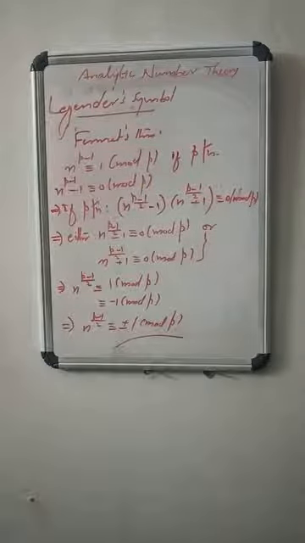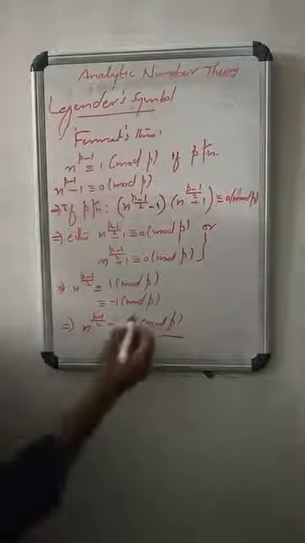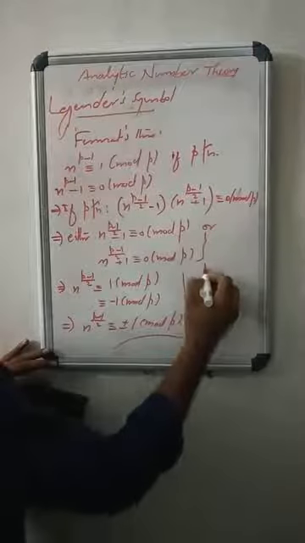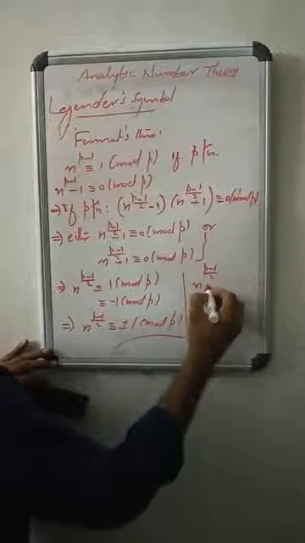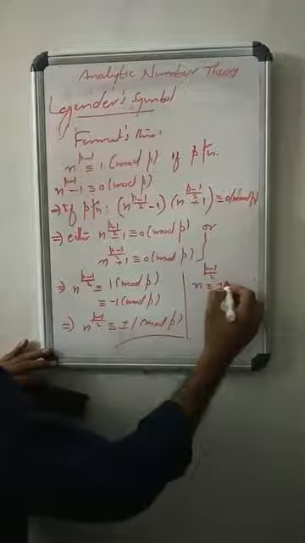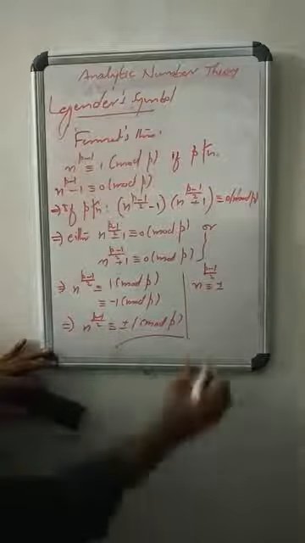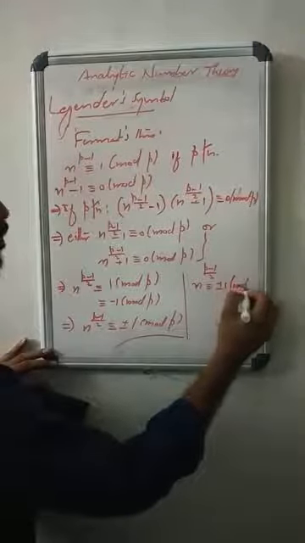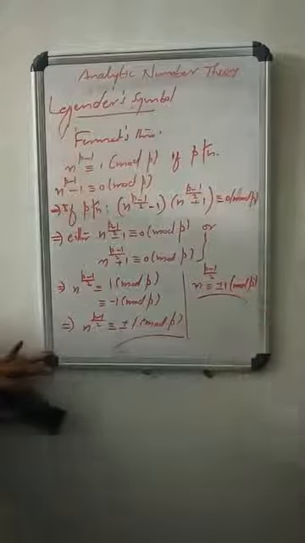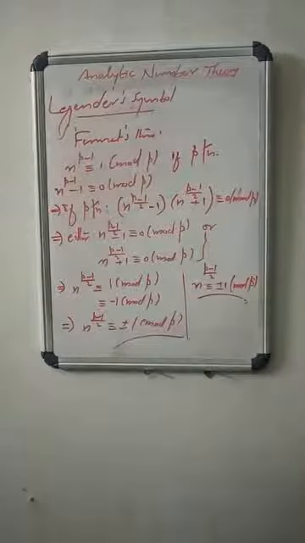From Fermat's theorem: when p does not divide n, n^(p-1) ≡ 1 mod p. So for any odd prime p, n^((p-1)/2) ≡ ±1 mod p. This is an important result regarding the Legendre symbol. Okay, thank you.